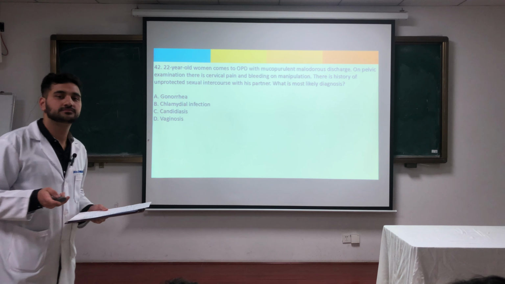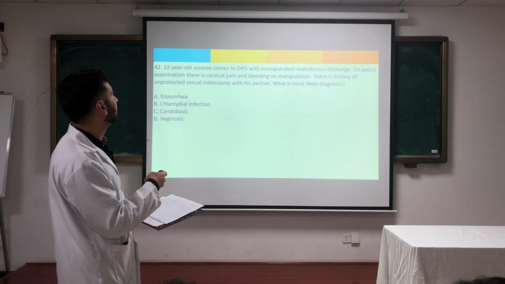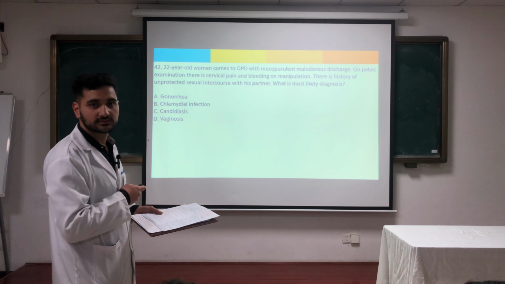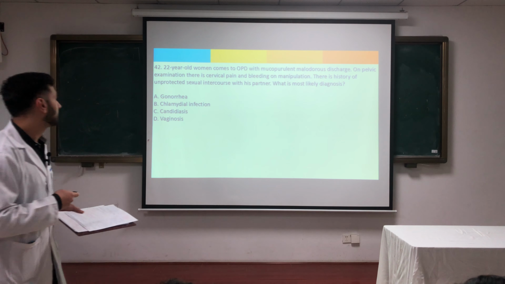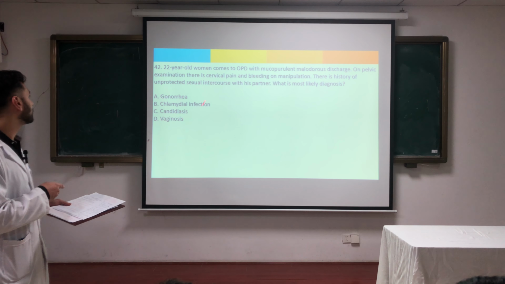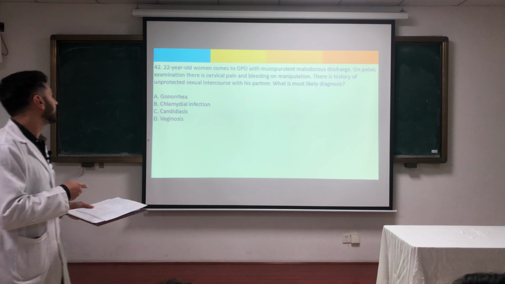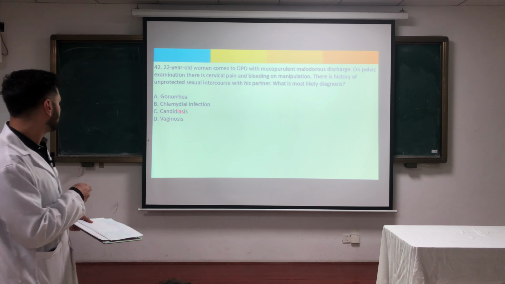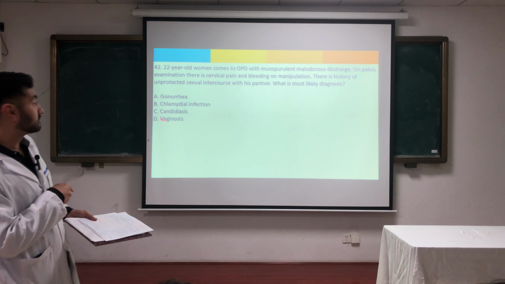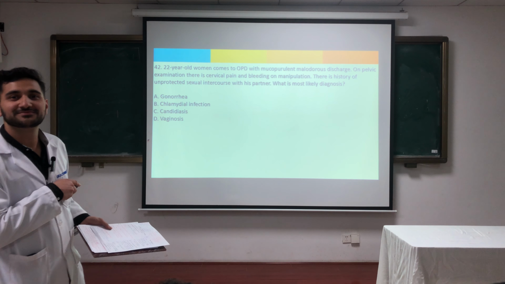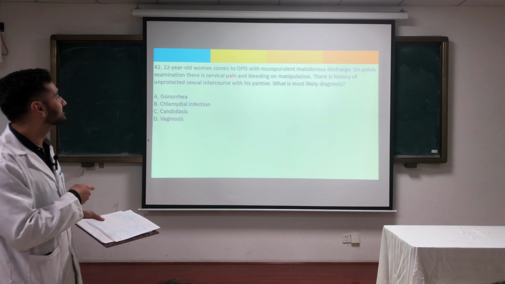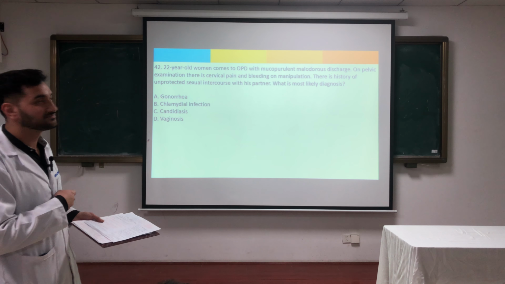So Shaham, can you tell us what clinical features we are seeing in the clinical picture of this case? We have the option, like Yasir told us, of gonorrhea, because it's an STI, a sexually transmitted infection. Okay, so can you please tell us the clinical picture of this case?